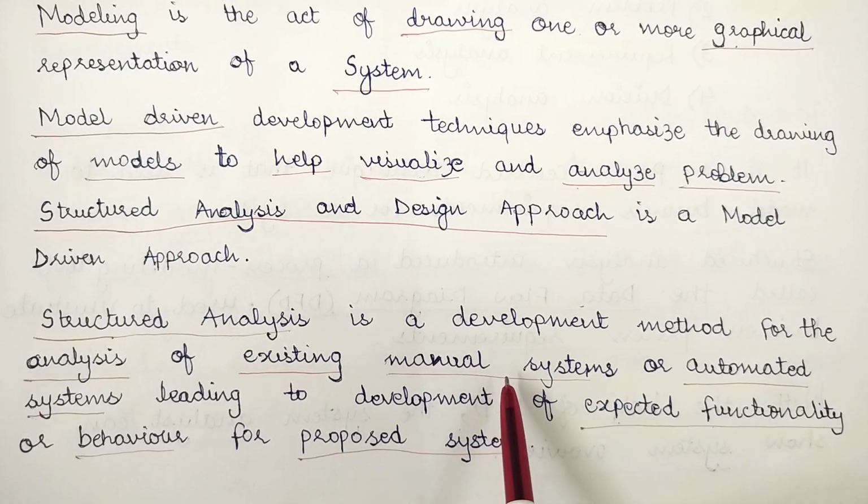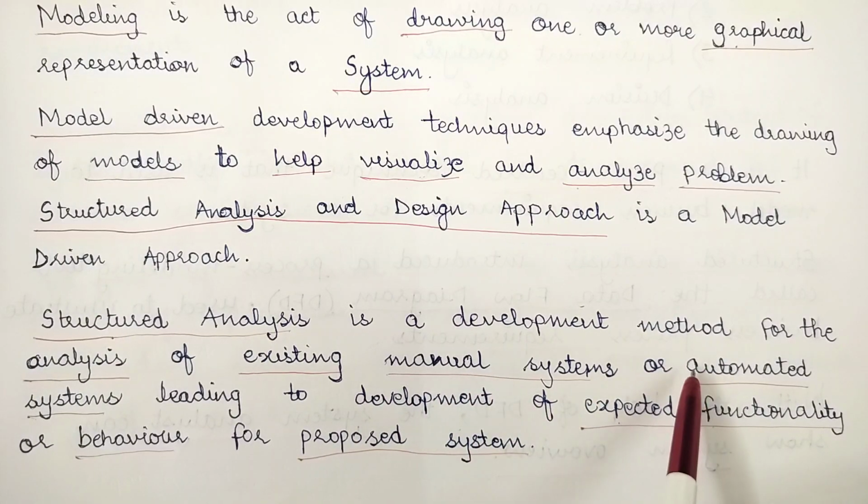systems which are either manual or automated, and this analysis of the already existing manual or automated systems leads to the development of expected functionality or behavior from the proposed system.